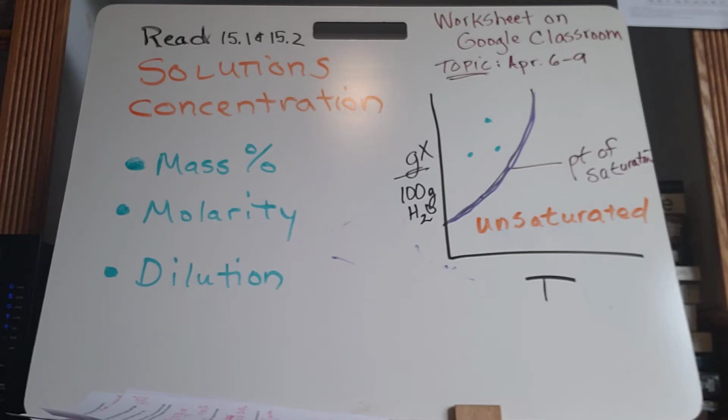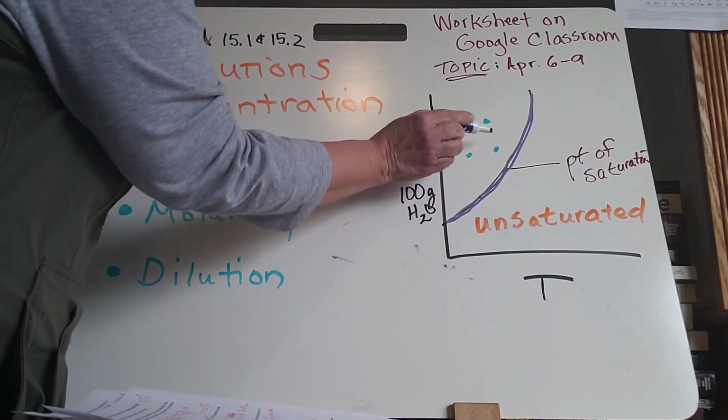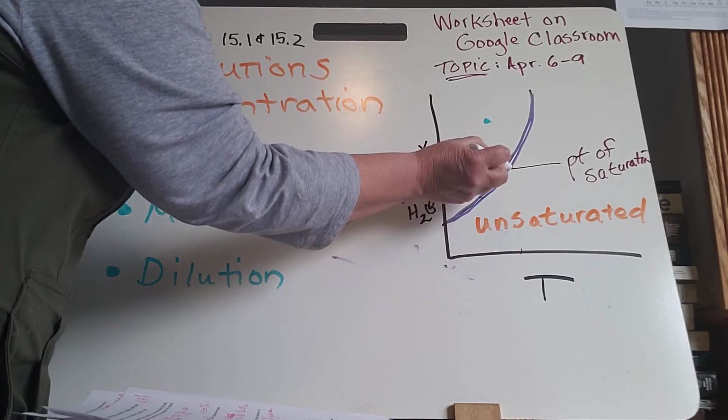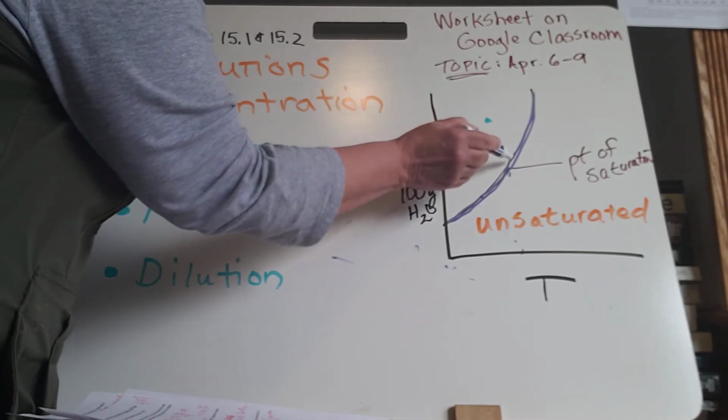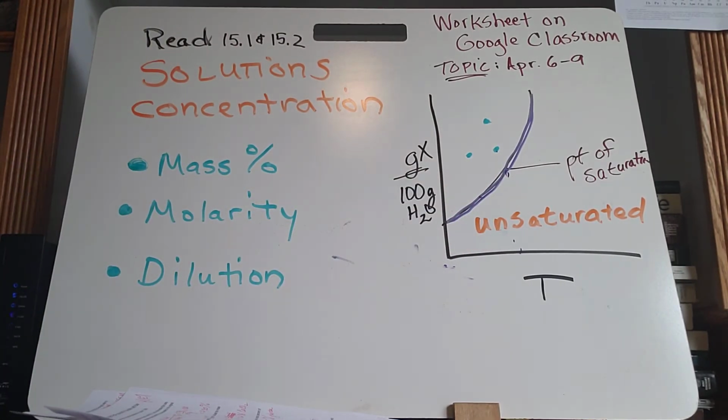It's not supersaturated just because I added up to this point. This is how much the water can hold of the sugar, and this is how much is going to fall to the bottom of your beaker or glass.